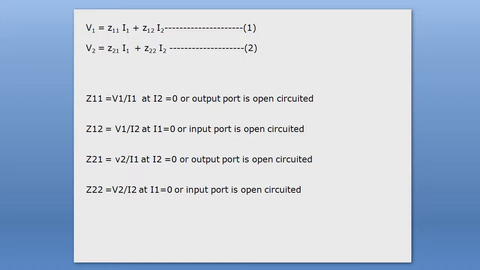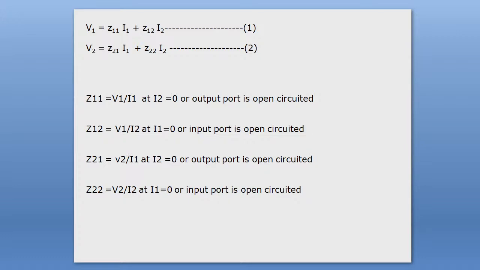Now you see Z11 equals the ratio of V1 to I1, that means input port variables. This impedance is known as input port driving point impedance.